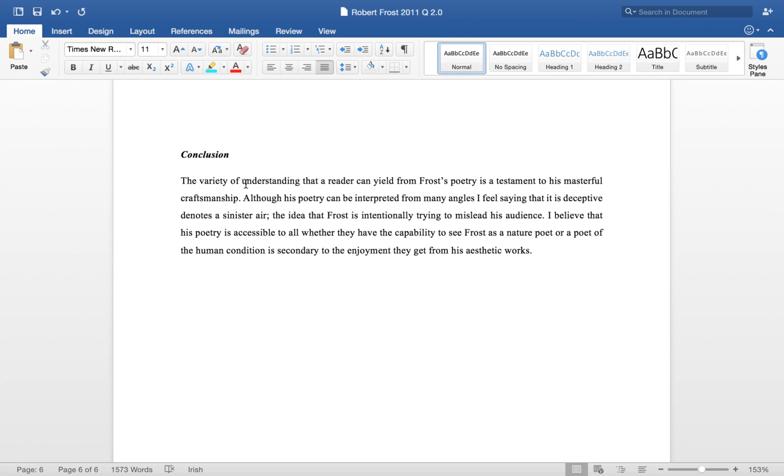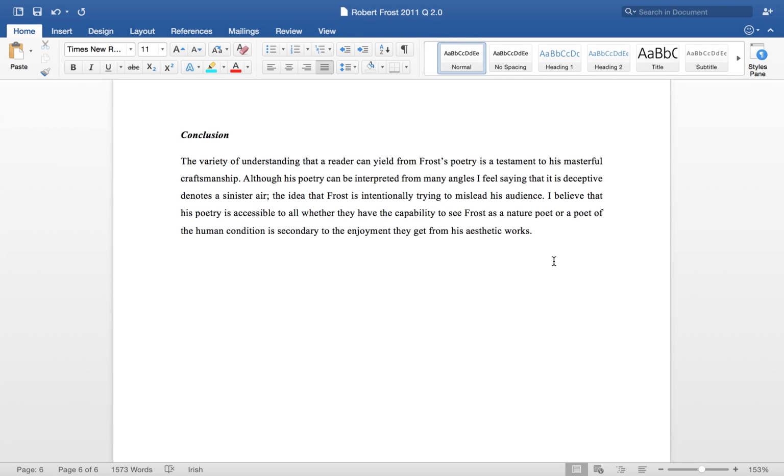So, the variety of understanding that a reader can yield from Frost's poetry is a testament to his masterful craftsmanship. Although his poetry can be interpreted from many angles, I feel saying that it is deceptive denotes a sinister air. It's malicious, it's malevolent, and that's not what Frost is doing, the idea that Frost is intentionally trying to mislead his audience. I believe that his poetry is accessible to all. Whether they have the capability to see Frost as a nature poet or a poet of the human condition is secondary to the enjoyment they get from his aesthetic works.